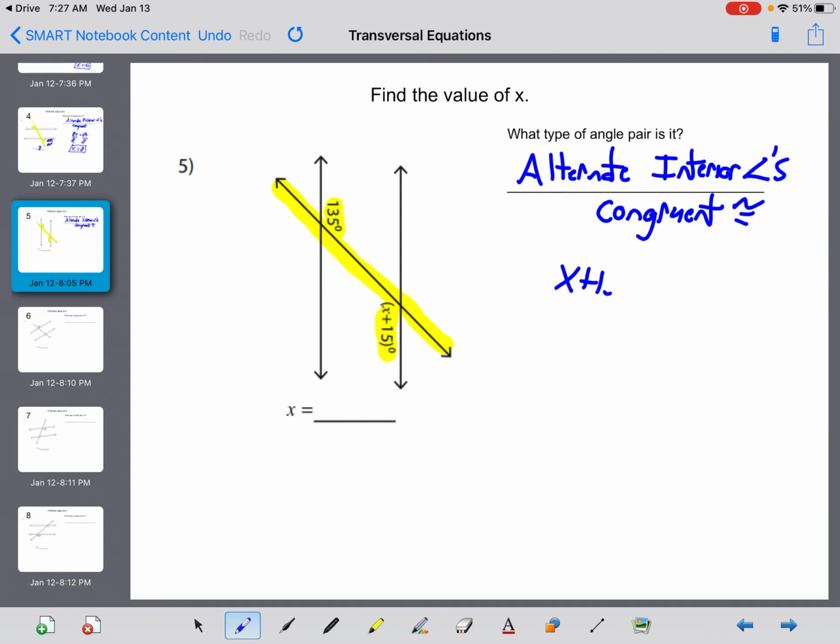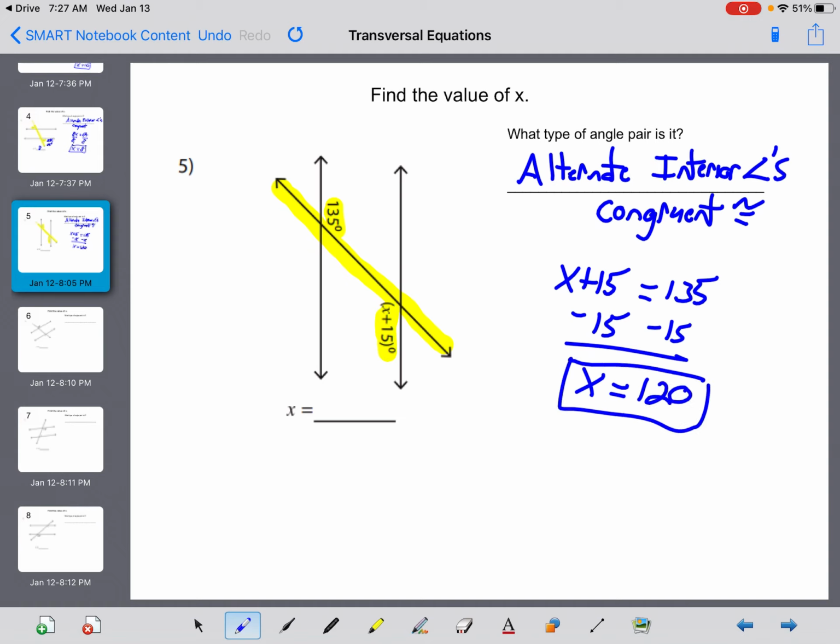So x plus 15 equals 135. You're going to minus 15 on both sides, and x equals 120. Here we get 120 plus 15, which is 135 degrees.